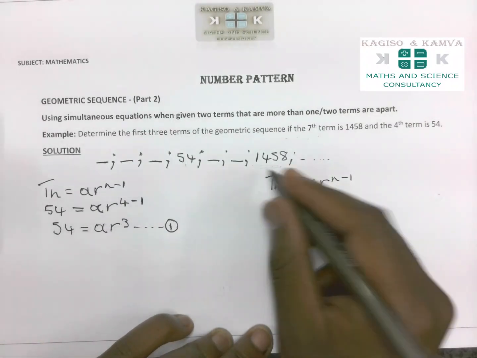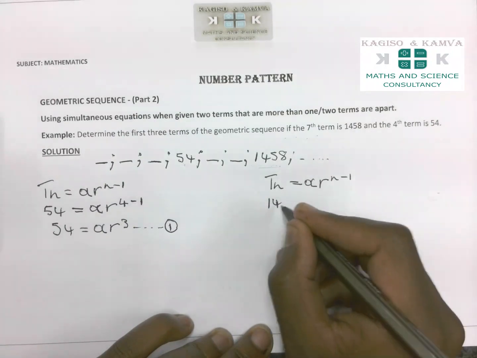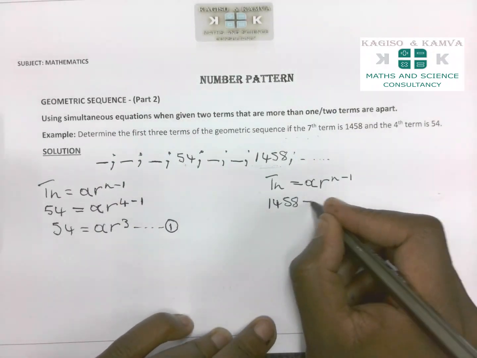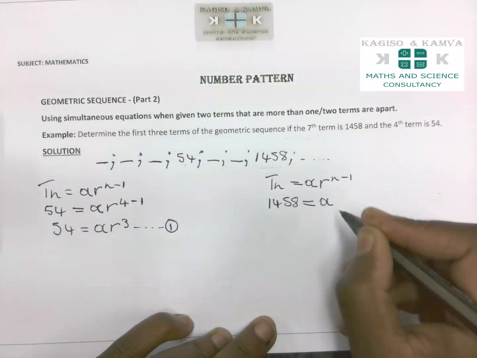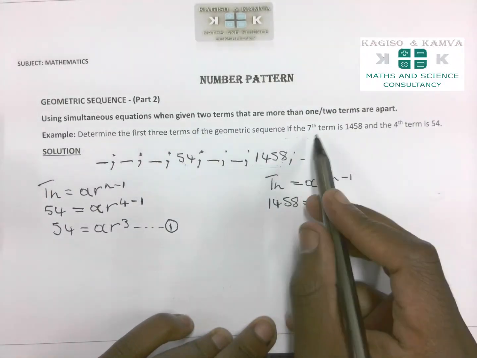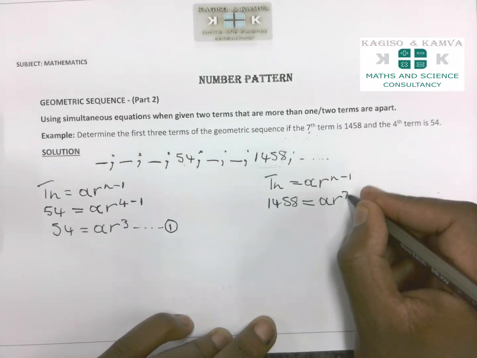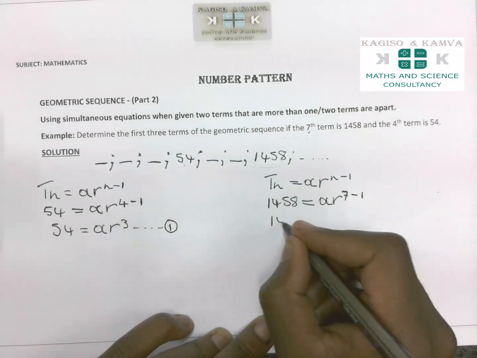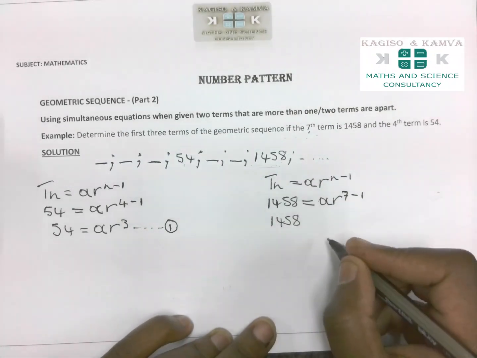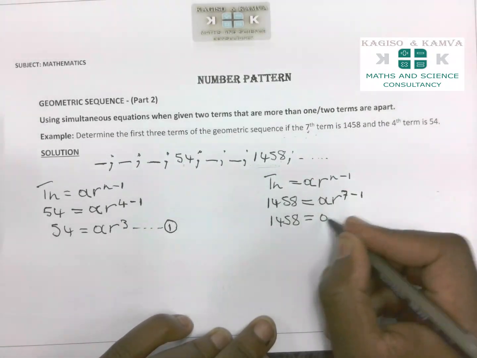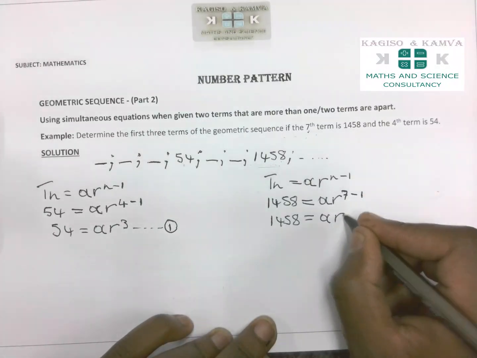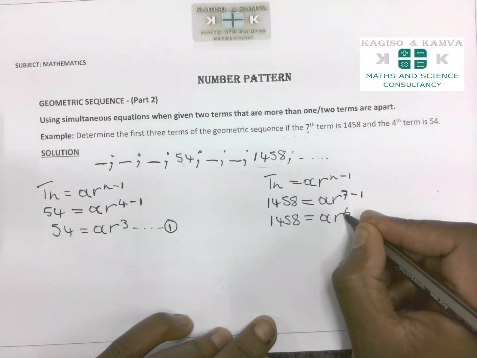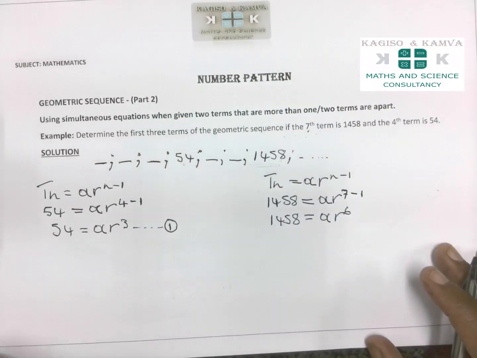Tn is 1458, which is equal to ar to the power of 7 minus 1. So 1458 is equal to ar to the exponent 6.